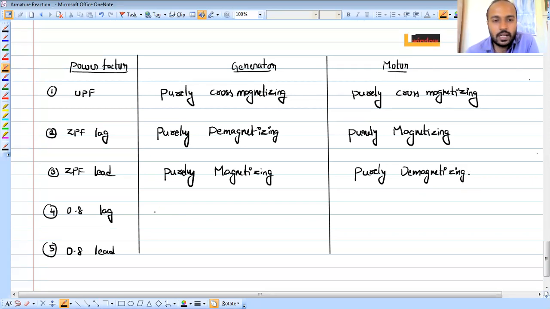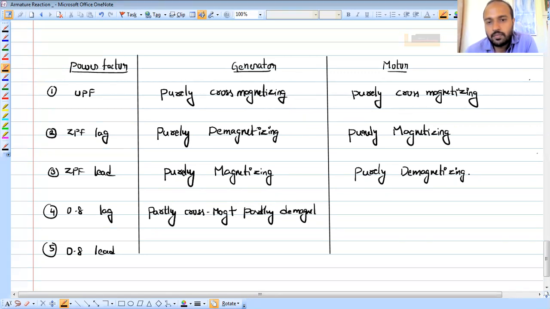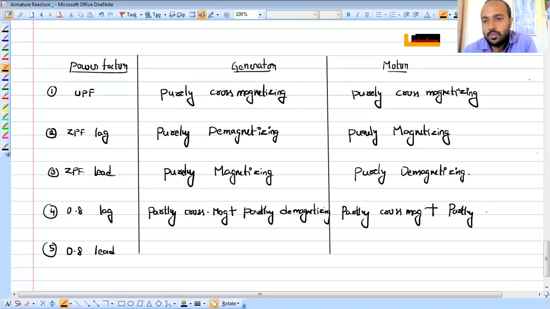Coming to 0.8 lagging, it is partly cross magnetization plus partly, so lagging, right? Already we have seen ZPF lagging, demagnetization. So partly demagnetizing. For motor, it is partly cross magnetization plus partly magnetizing.